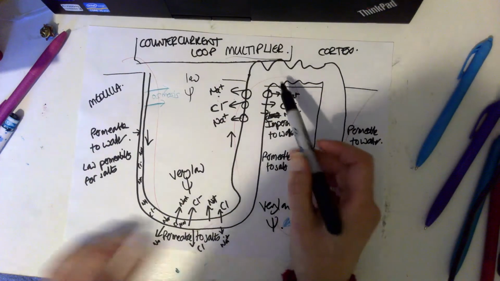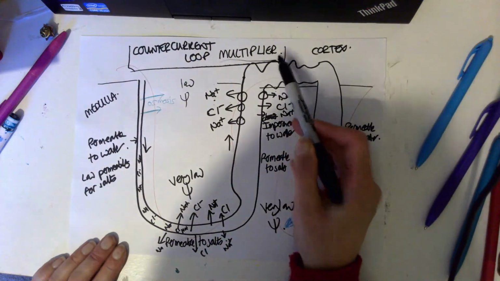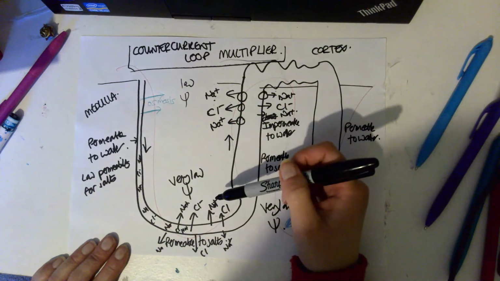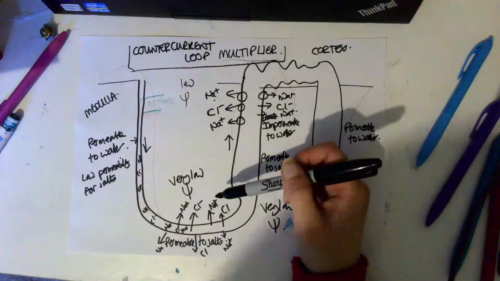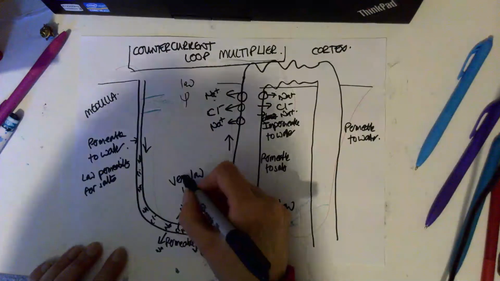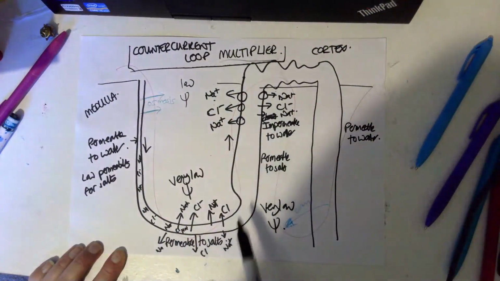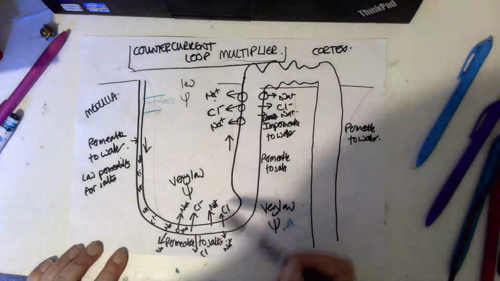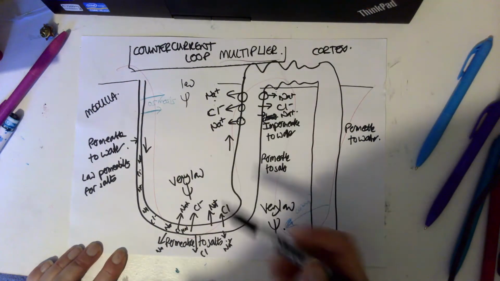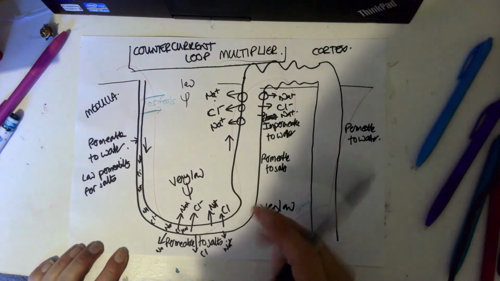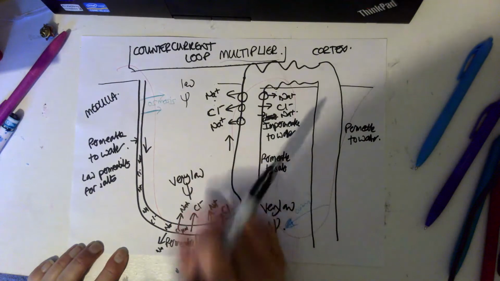So what the multiplier is all about is that you're multiplying the saltiness of the medulla down the bottom. So you're making it far lower water potential than it originally was by moving the salts into the area.